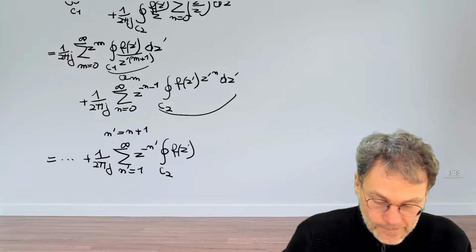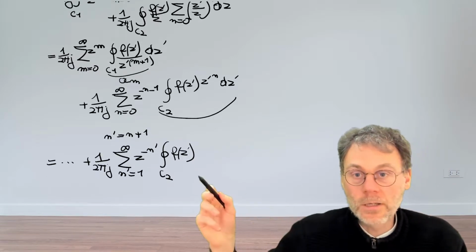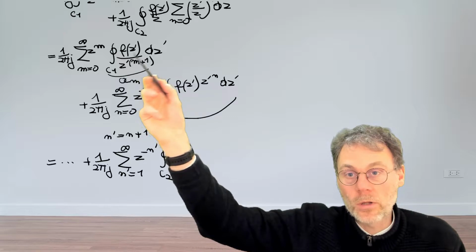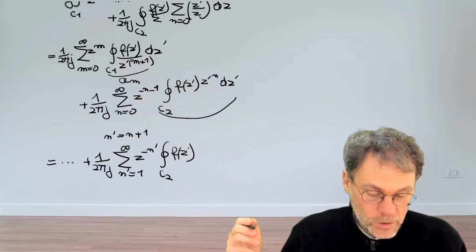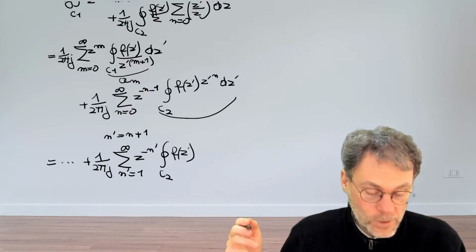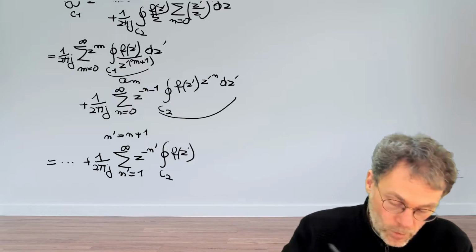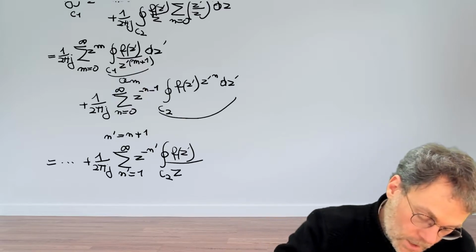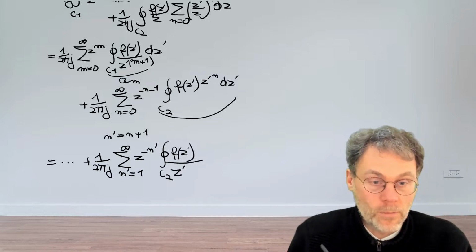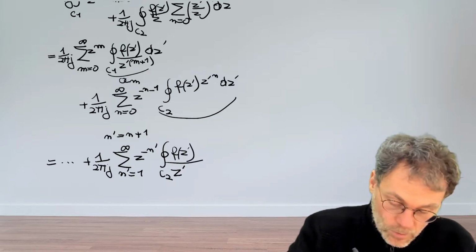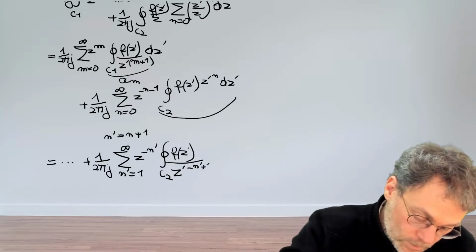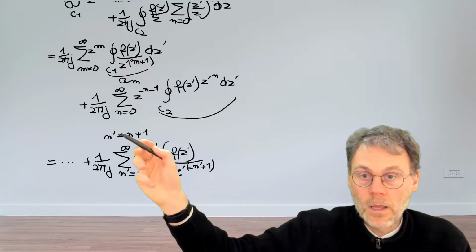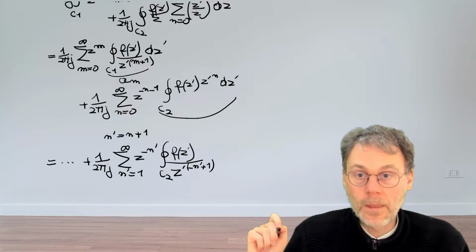Now, if we want to bring this into a form that looks more like what we have over here, we basically need to bring this to the denominator. So in the denominator, that becomes z prime to the power of minus n, and minus n is just going to be minus n prime plus 1 if we look at this thing.